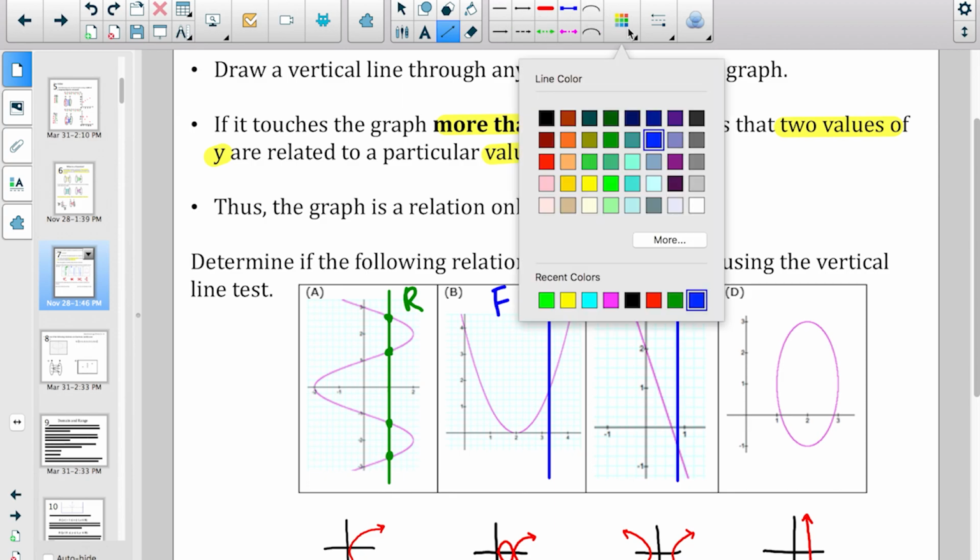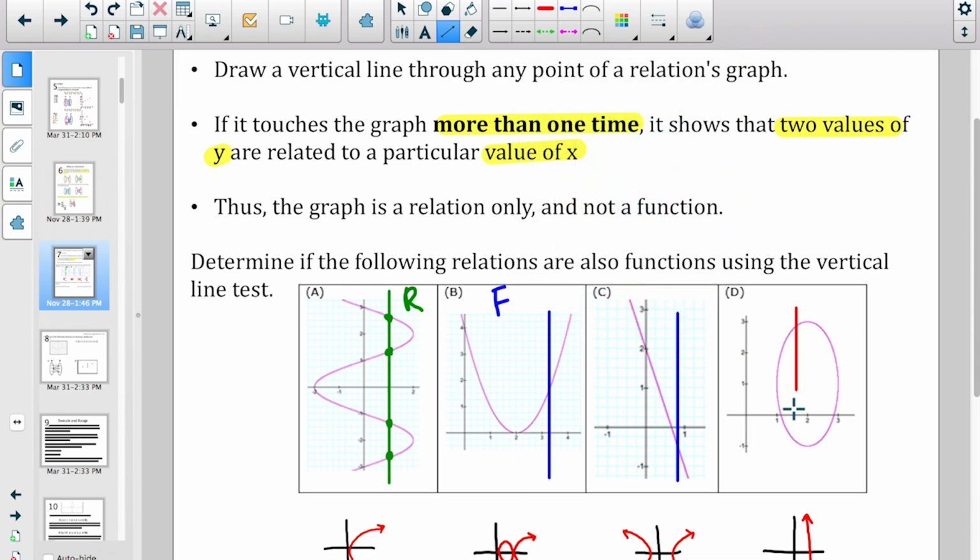One last example. We can take a look over here for question D. We can see that this is going to be a relation because it's going to pass through this graph at 2 different points. So let's go ahead and fill the rest of this in. We know that this is a relation.